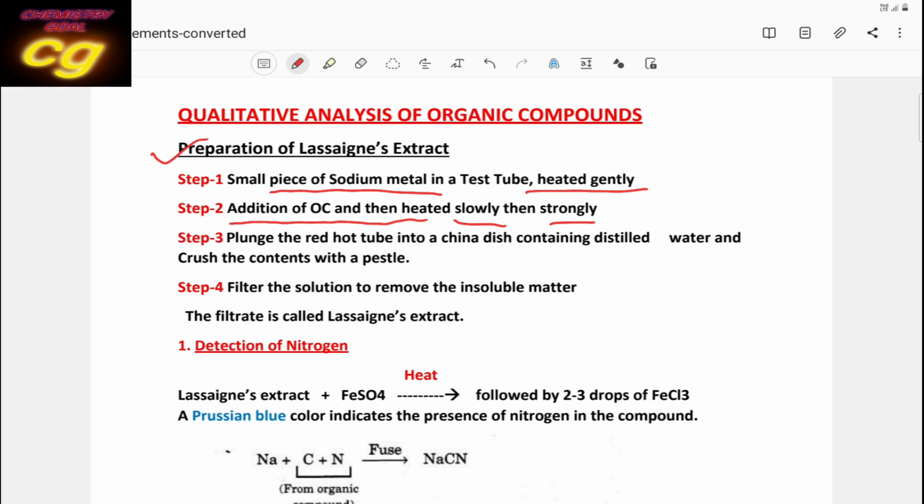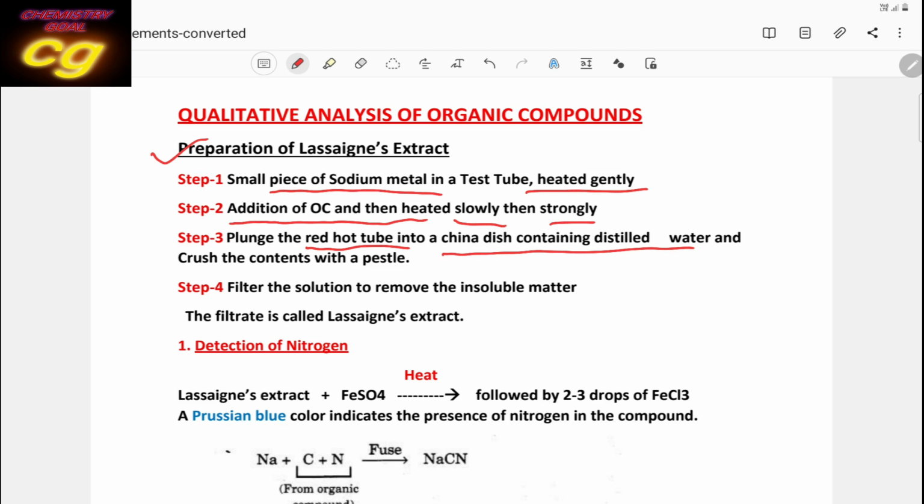When the test tube becomes red hot, during strong heating there will be a reaction between the sodium metal and the elements present in the organic compound. This red hot test tube will be taken and plunged into a china dish containing distilled water.